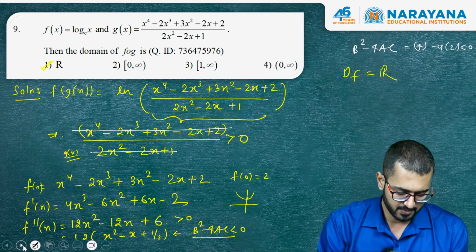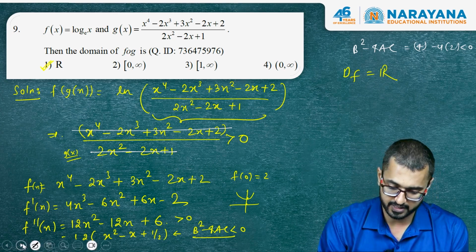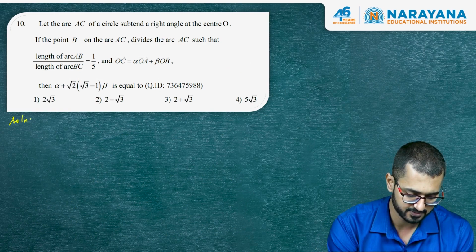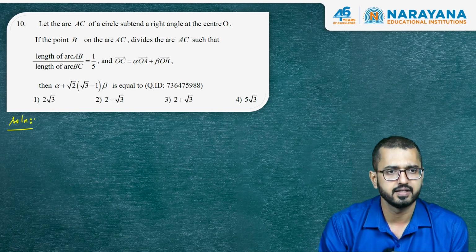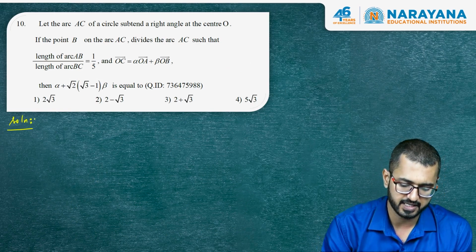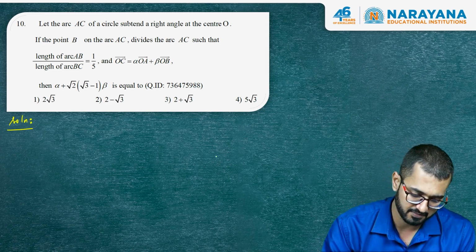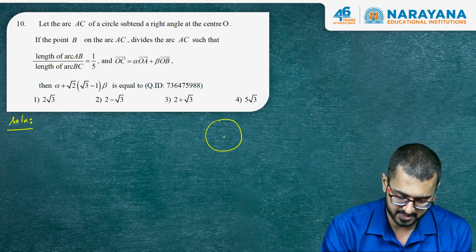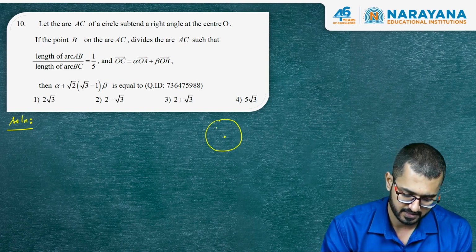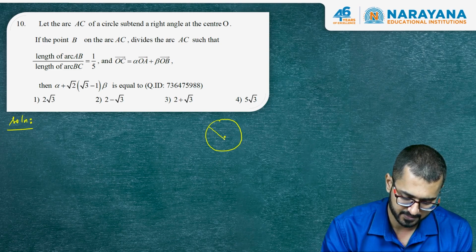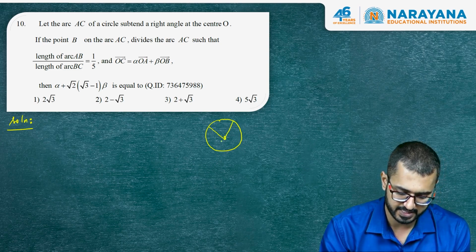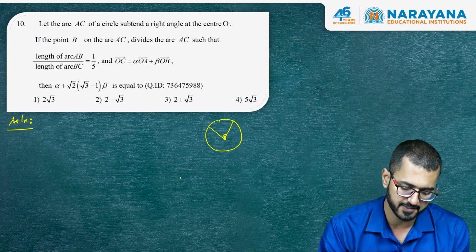Okay, so here we go for the next one. It's question 10. Now let us see what it says. It says let the arc of a circle subtend a right angle at the center. So we have a circle like this, and there is some center here, and let us say we have an arc, and it subtends a right angle, so it is perpendicular basically here.